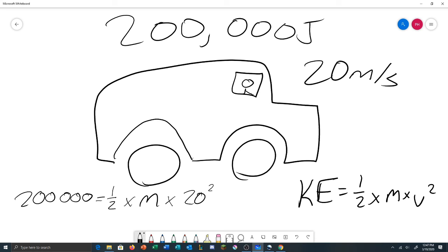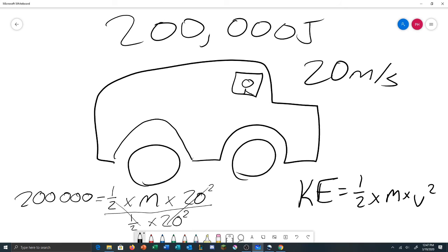So what would you do here to get m on its own? It's multiplied by two things again, just like the other. So why wouldn't you just divide this by 1/2 times 20 squared? These cross out, these cross out.